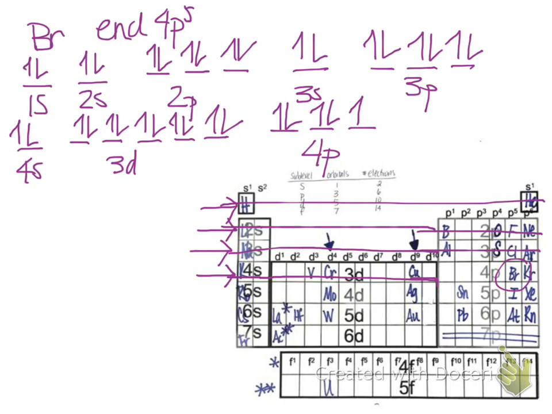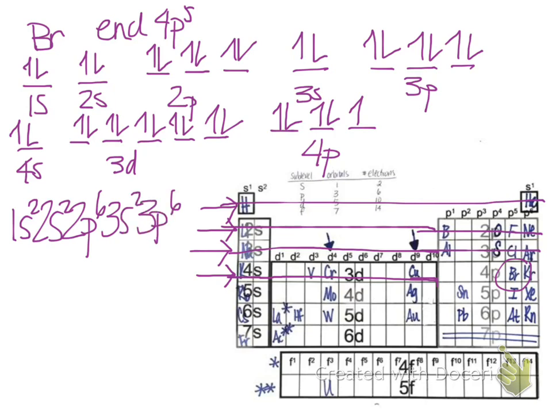My electron configuration would just be writing what we just said instead of with arrows. So we would say 1s2, 2s2, 2p6, 3s2, 3p6, 4s2, 3d10, 4p5.